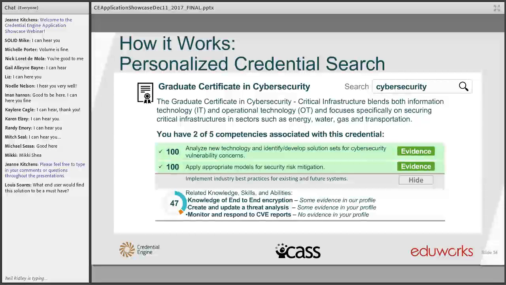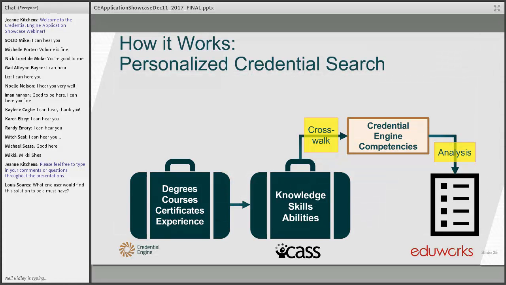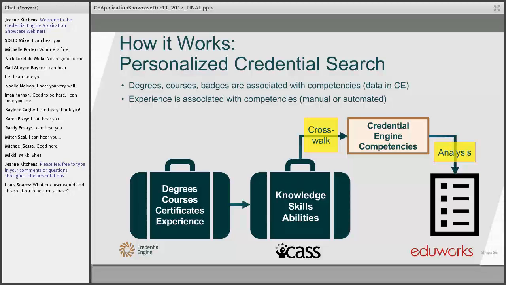So these are the sort of applications that we see as enabling, and the question is, what's behind this? So if we go to the next slide, there's a few things that are needed in order to make this system work. So the first thing is that these degrees, courses, and badges have to be associated with competency.